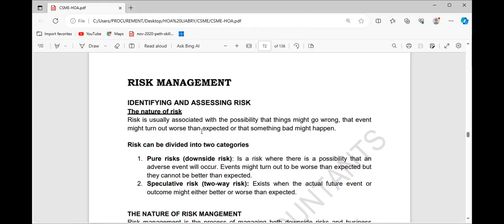Risk is usually associated with the possibility that things might go wrong, that events might turn out worse than expected, or that something bad might happen. You may be thinking about whether you are going to pass your ICAN exam or otherwise. In those two aspects, there's a risk attached to it.